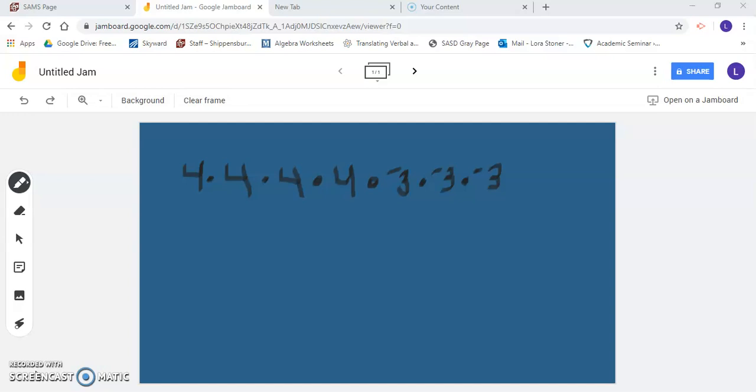So the first thing I want you to do is write your base. Type your base in the text box. You'll use the numbers you have, but I'm going to put 4 because that's my base. I have 4 4s. And then I also have a -3. So I'm going to put a -3 because that is my second base.